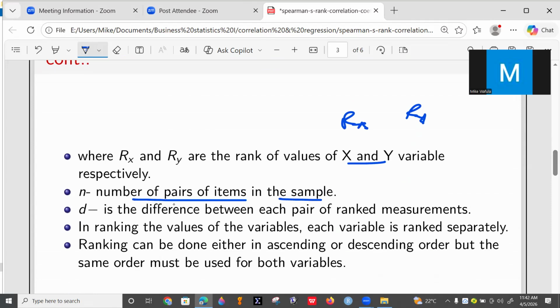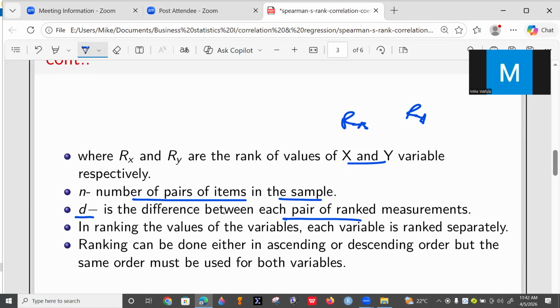So you are given a sample size n, and it has to have at least 2 pairs of variables for which we want to compute the correlation. You can also write the formula with d in the absence of R's, to make it simpler. So we have said that d is the difference between each pair of rank measurements.